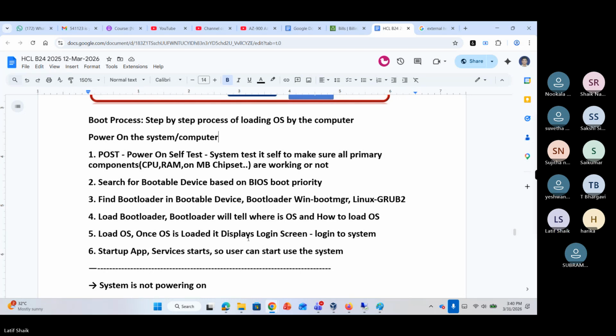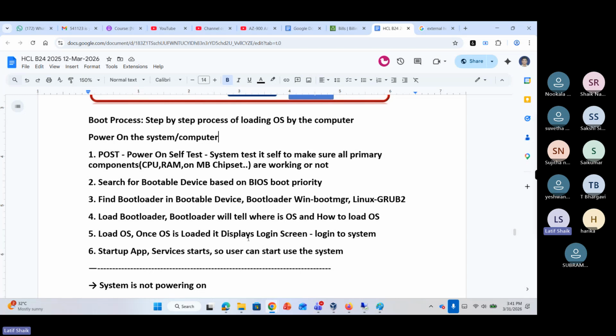Explanation-wise, when you power on the system, power is distributed from the power supply to all the components of the computer. Now the system loads instructions from your BIOS to your processor.